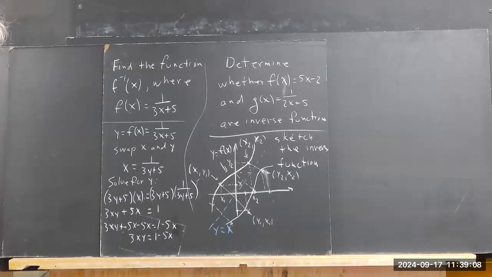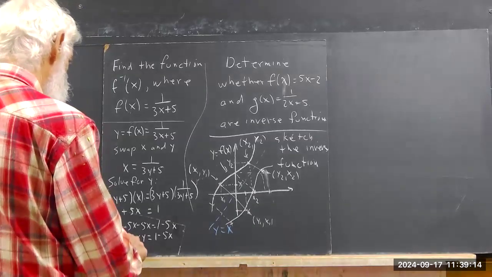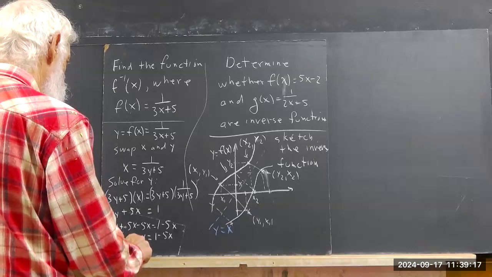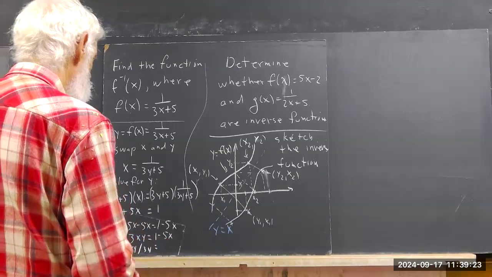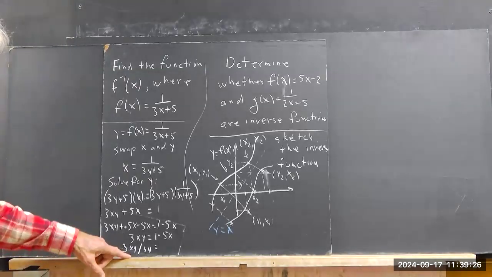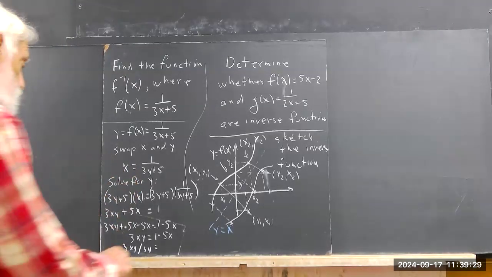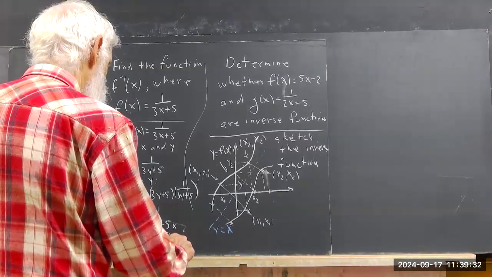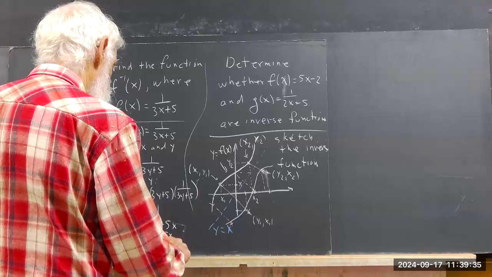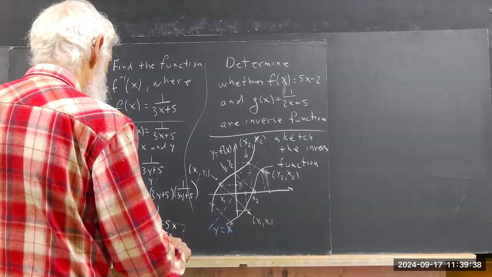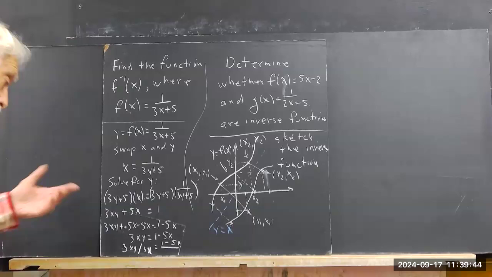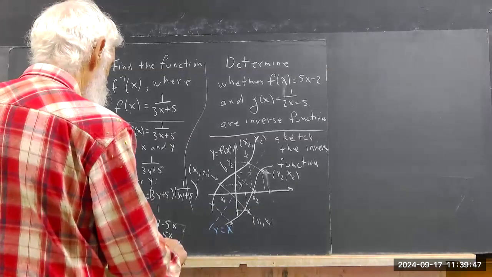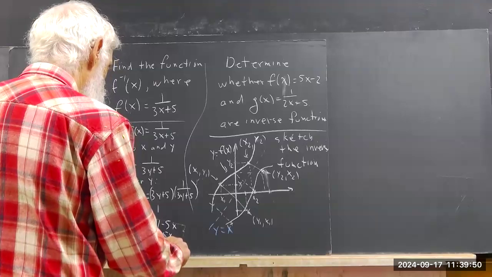And then we divide both sides by 3x, since we solve for y. I don't have room to write that as a fraction. So 3xy over 3x equals 1 minus 5x over 3x.